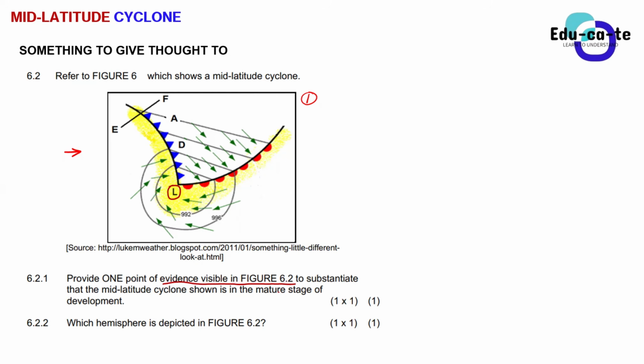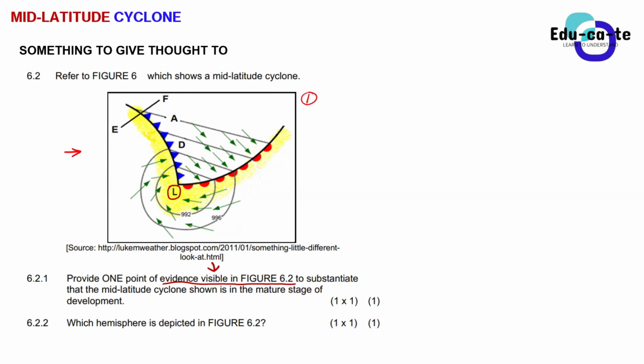We know that's a truth and a fact, we cannot dispute that. But can you see that from the image? Do you see any warm air rising there in the image? No. When they say provide one point of visible evidence, we are talking about something that you can see from the diagram that tells you that this is indeed a mid-latitude cyclone.